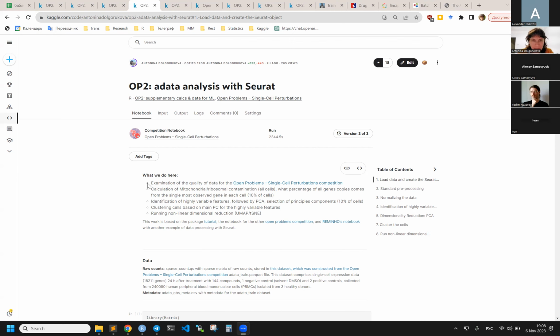So this notebook is about examination of the quality of this additional data set with single cell data, some quality assessment and identification of highly variable features. I will tell what that means here, and some clustering, and of course visualization with dimensionality reduction techniques like UMAP, tSNE.